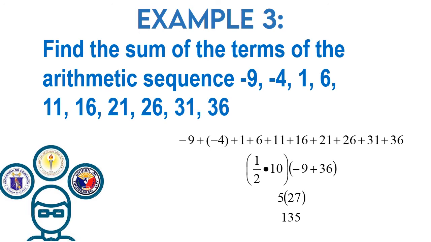The sequence has 10 terms, so we have to get 1/2 of 10, which is equal to 5. The sum of the first and last terms is 27, and it has to be multiplied by 5. Therefore, the sum of the terms of the given arithmetic sequence is 135.